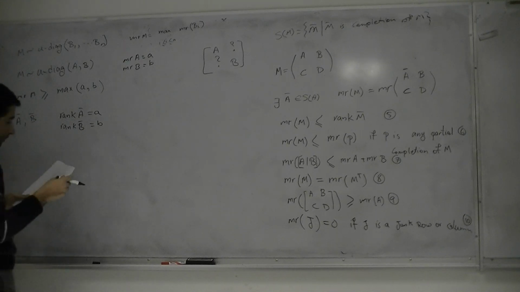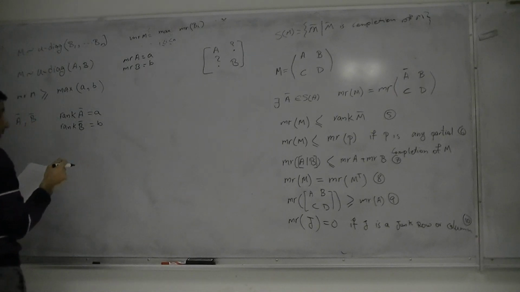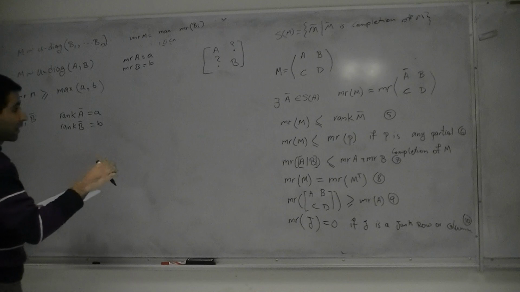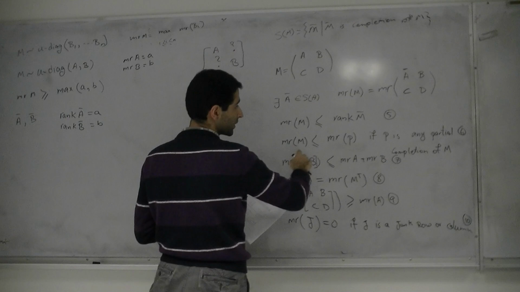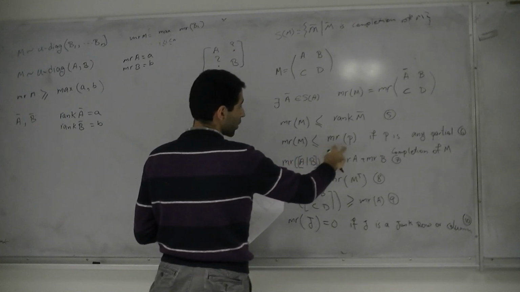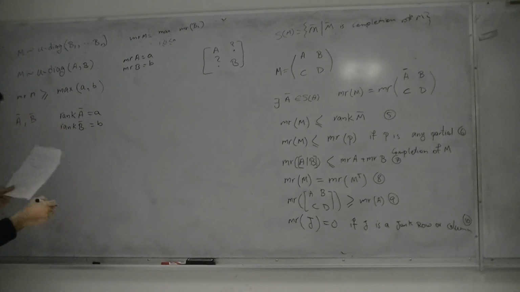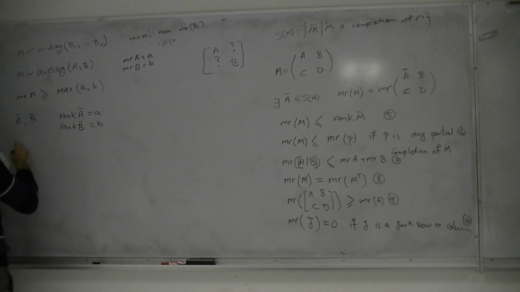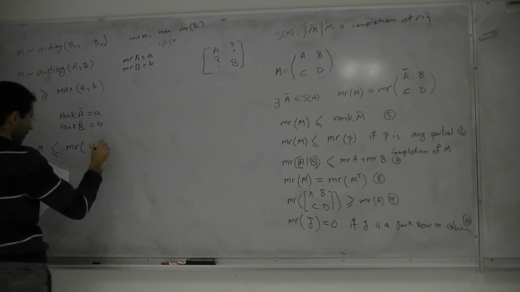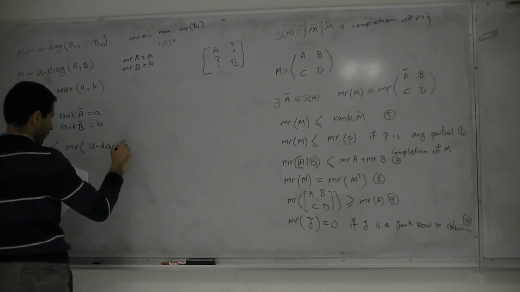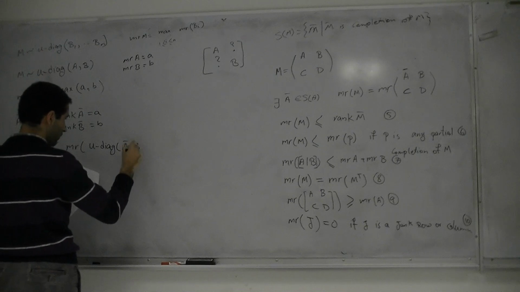And by number 6, if we have any partial completion of a matrix, the rank of the partial completion is more than the original. Based on this, we have the minimum rank of M is less than the minimum rank of A bar, B bar.